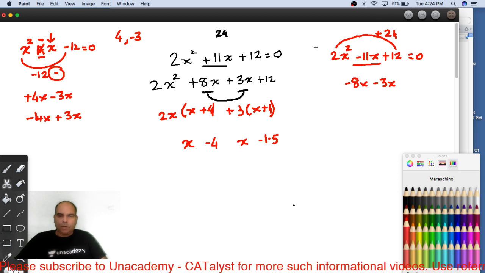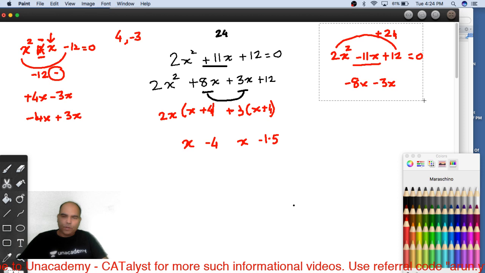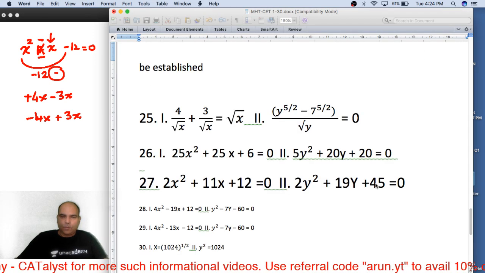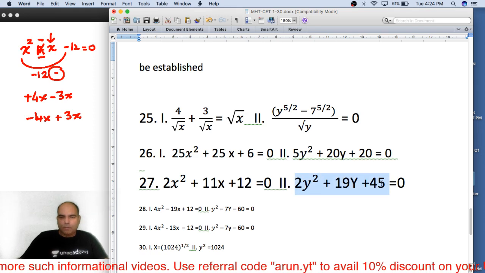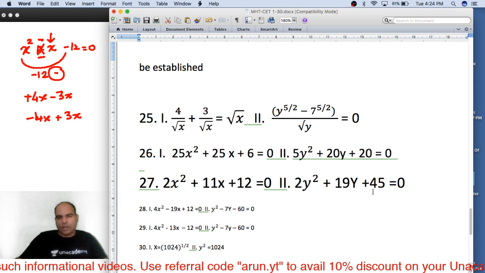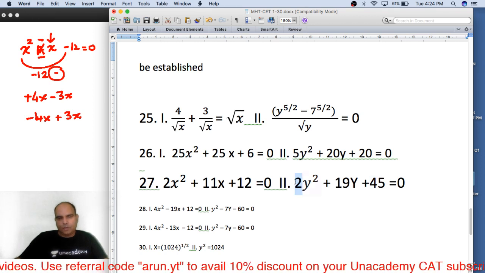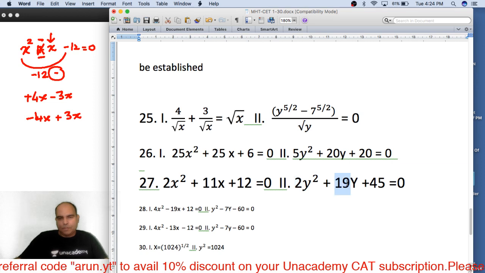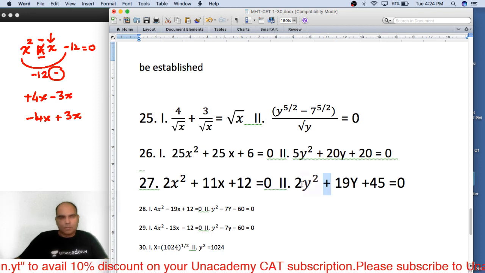Now we'll have to check for the value of y from the equation given to us. If you go back to that equation, the second equation is 2y square plus 19y plus 45. So if you look at the splitting logic, 45 into 2 is 90, and that can be split as 10 plus 9 for 19, because you want same direction split as the product is positive.